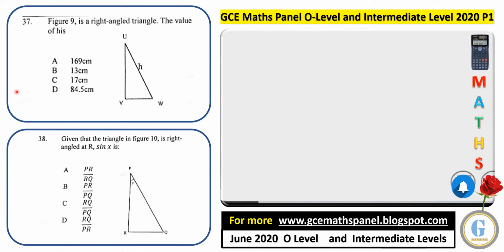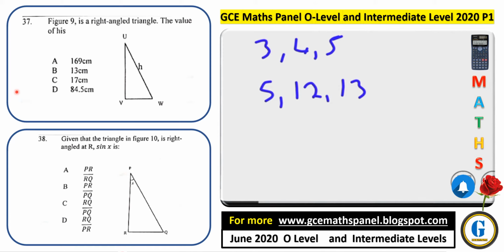For the Pythagorean triples, we have 3 squared plus 4 squared is equal to 5 squared. I'm sure all of you know this one. Another one, where all three are whole numbers, is 5, 12 and 13. Another one is 6, 8 and 10.